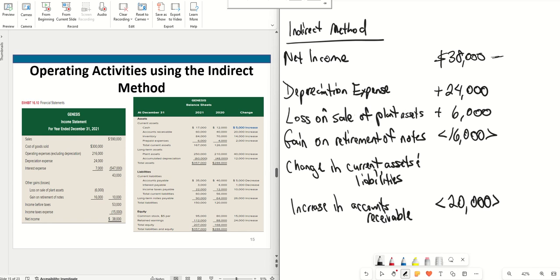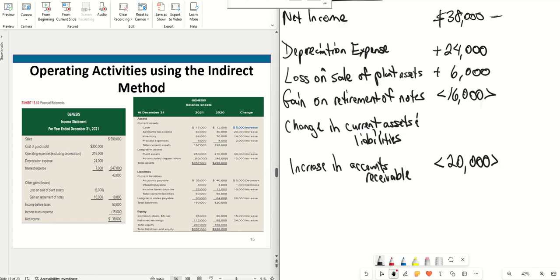Now I'll show you all at the end of this recording a little trick to determine whether you need to increase or decrease to get to the true cash balance from net income. But yes, this increase in accounts receivable is going to be a subtraction because this is an increase in credit sales, which means that you didn't collect enough cash from receivables, which means that you need to go ahead and subtract the 20,000 from net income.